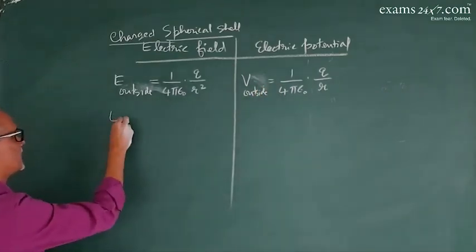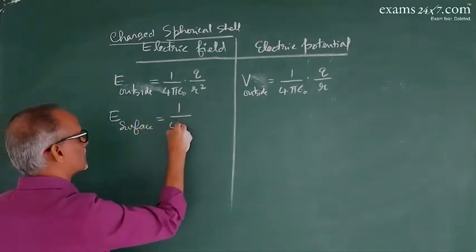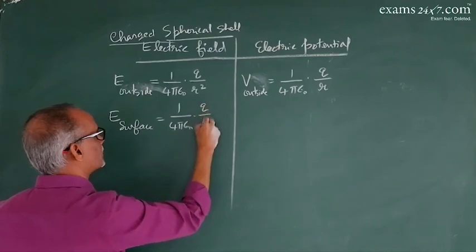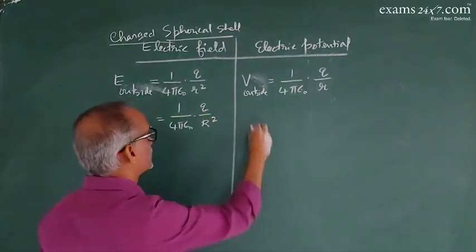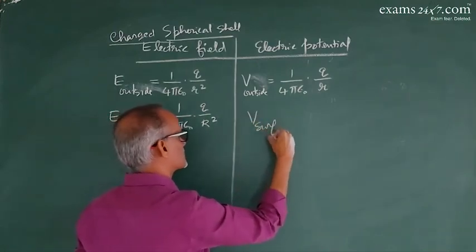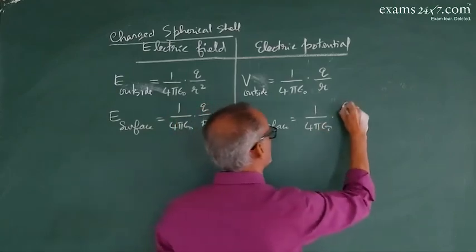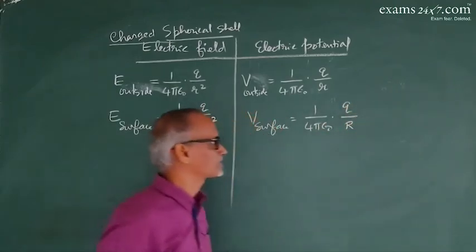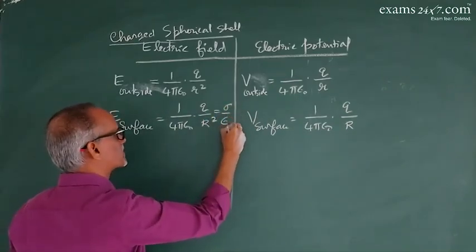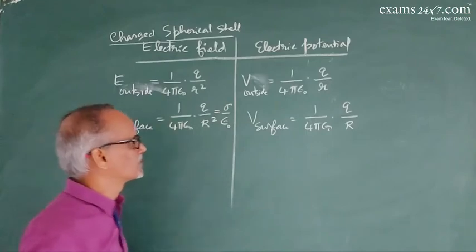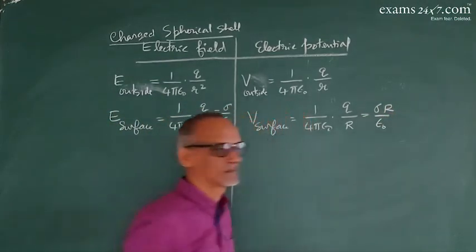Now, what is the electric field on the surface? On the surface, it is 1 by 4 pi epsilon naught q by capital R square. And potential on the surface is 1 by 4 pi epsilon naught q by capital R, which we can even write as sigma R by epsilon naught.